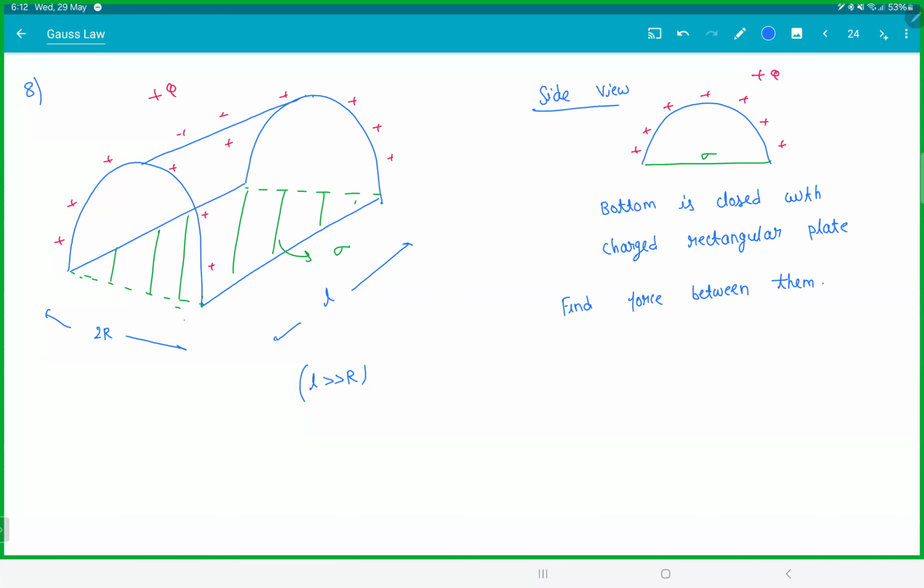So the upper one is plus Q, below is plus sigma, so they will repel. So what is the force between them? It's a half hollow cylinder. Since the length is very big, you can neglect the edge effects. I hope the question is clear.